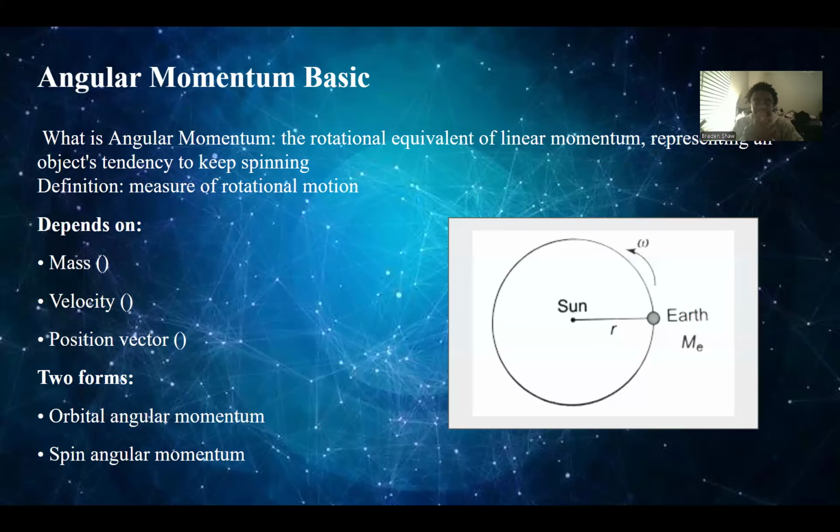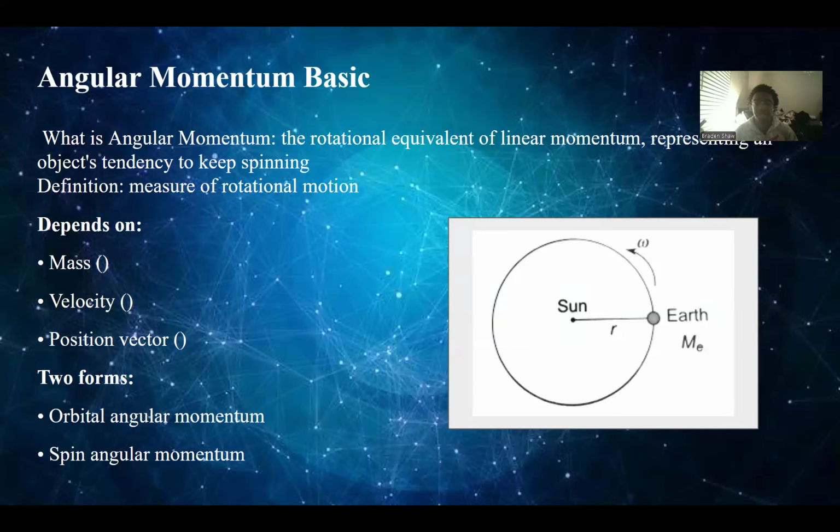Now let's talk about the basics of angular momentum. Angular momentum is essentially the rotational equivalent of linear momentum. It describes an object's tendency to keep spinning or moving in a curved path. It depends on three things: the object's mass, its velocity, and its position relative to an axis. There are two major forms of angular momentum.